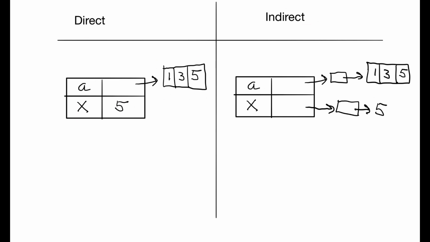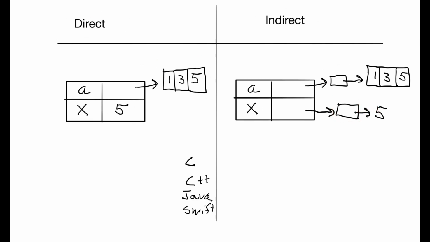In an indirect data model, when we say A, that's really a reference that points to our data. And when we say X, say if we have a singular data, then that too is a reference that points to our data.